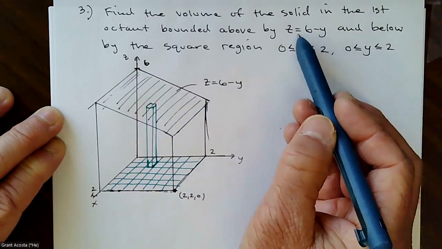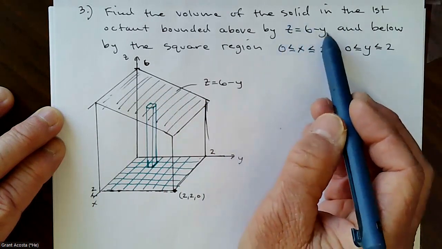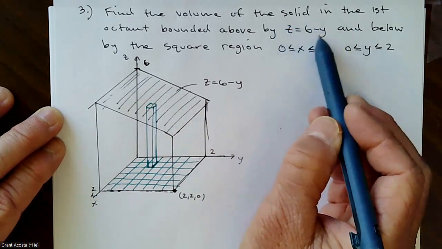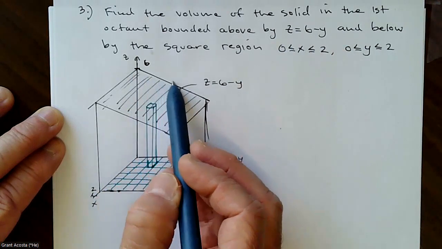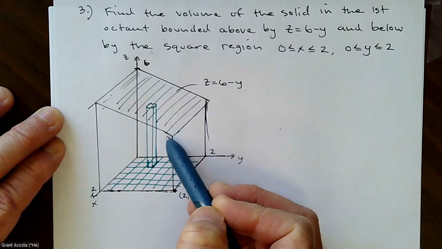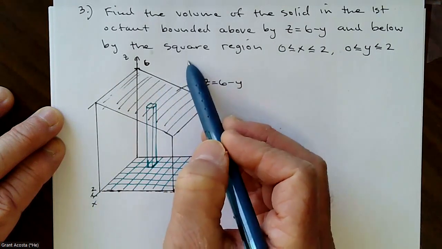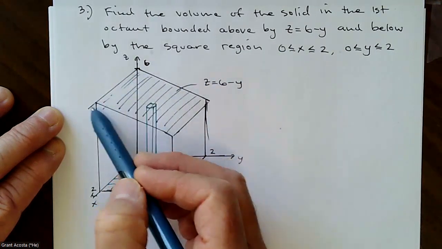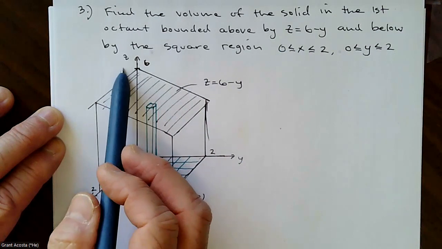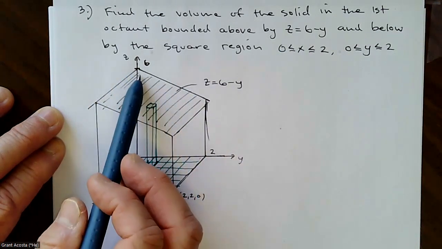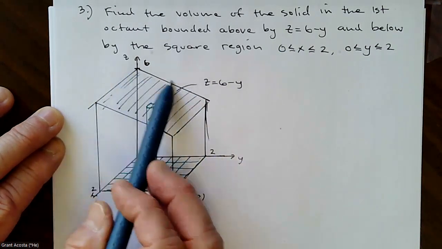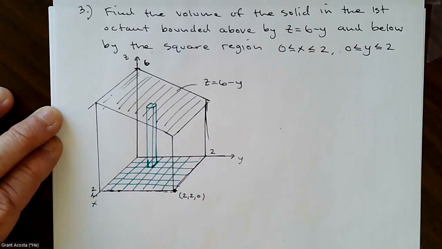And recall how it works if one of the variables is missing in an equation, like in this case, x, you can imagine taking this line and extending it in the x direction. Both directions, technically, into the paper and out of the paper, but we're going to extend it outwards. So you can imagine a slanted plane here that's kind of sloping downward.